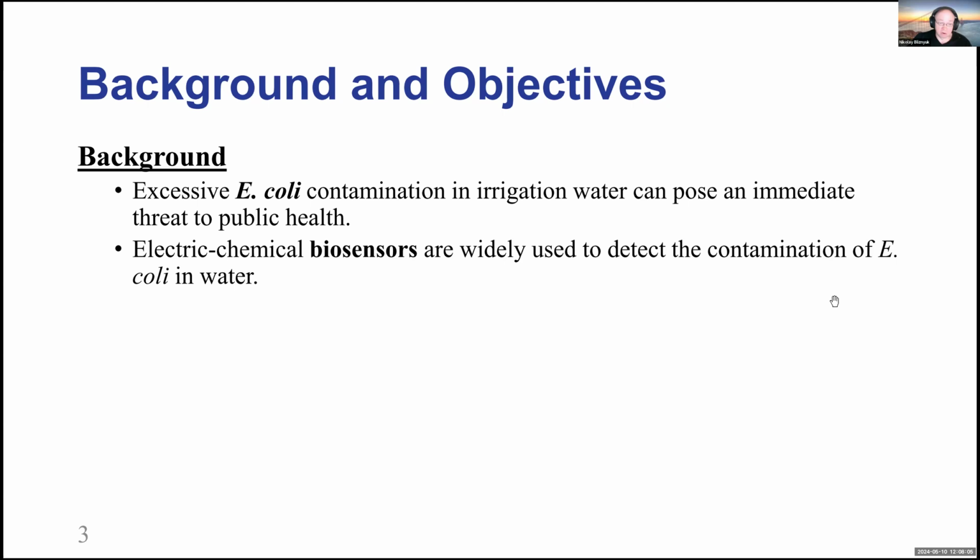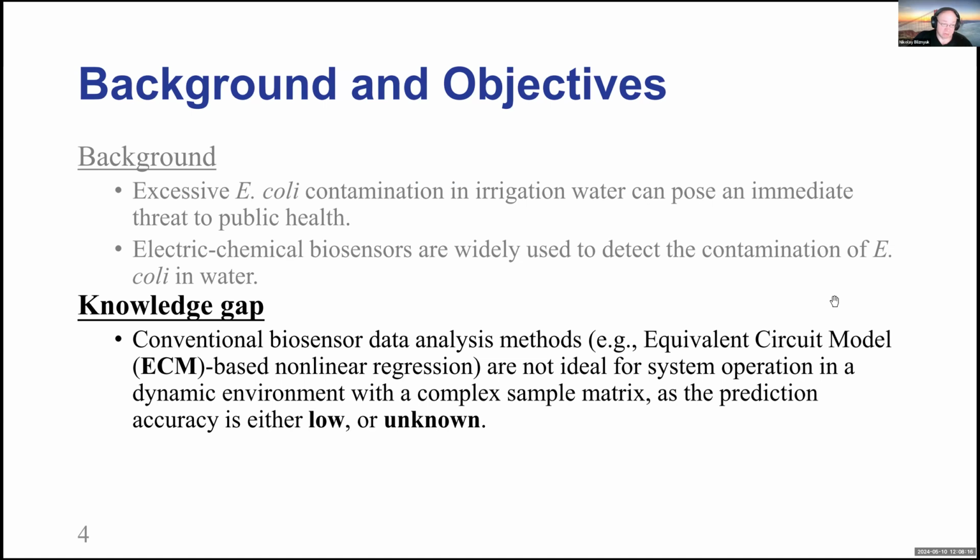And the goal is to use the measurements by biosensors to predict the level of contamination in a new sample. The level is unknown, say, taken in the field. So conventionally, this is done through a set of models called the equivalent circuit model. And I will highlight what that is.